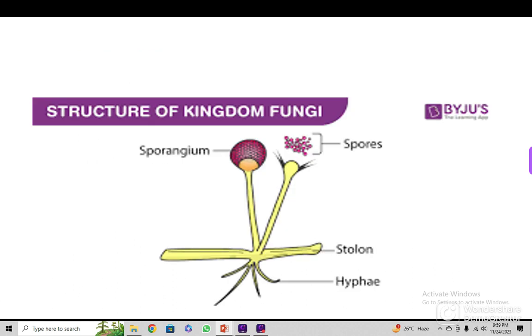Now this is a typical structure of one fungus. This is the sporangiophore, this is the filament, and the spores are there. This is called the sporangium. It bursts out and releases the spores. There is a stalk. This is called the stolon, and there are hyphae in which the penetration occurs on the surface. It moves here and there, but not from this part to the other part.